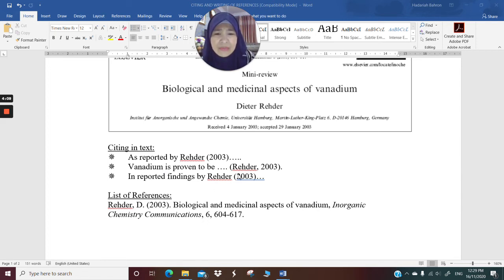And then at the end of that sentence, you put in bracket the surname, Rehder, comma, and the year the paper was published. Or you can also do it a different way, say, in reported findings by Rehder 2003, vanadium is so on and so forth. So that is how you would cite the findings of a single author in your chapters in the thesis.